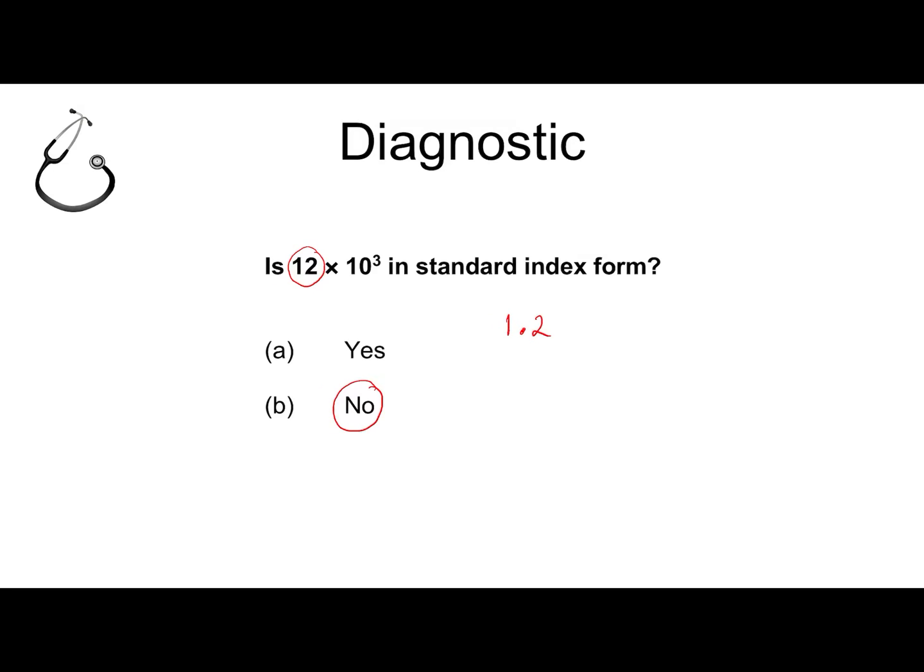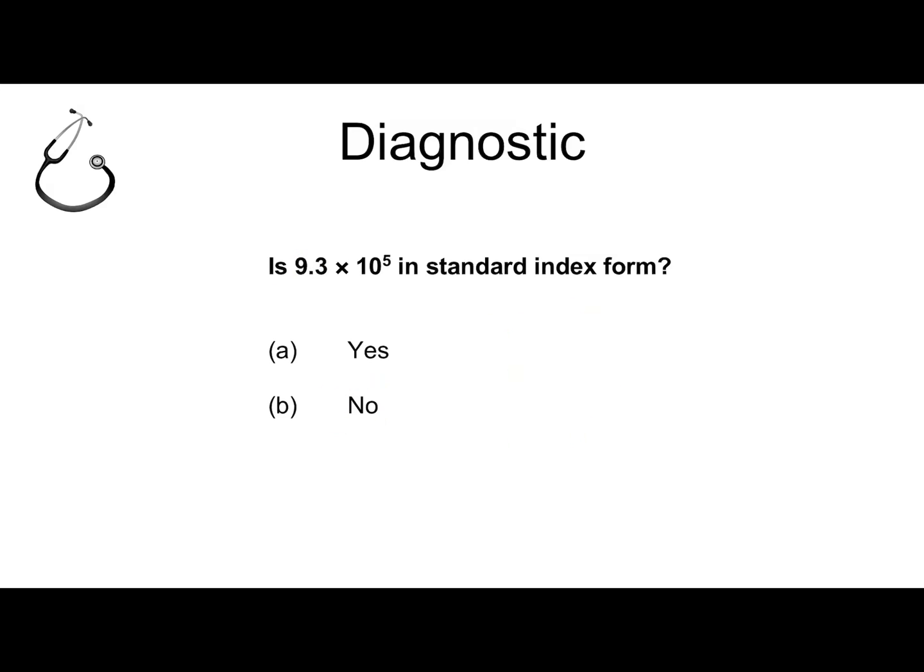So if you want to make it standard form, it will be 1.2 times 10 to the power of 4. One way of thinking about it is just saying, well, 12 is the same as 1.2 times 10, and then times by 10 to the 3. Well, 10 times 10 to the 3 must be 10 to the power of 4. Okay?